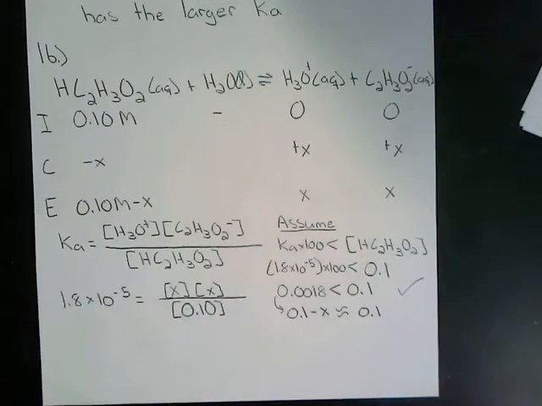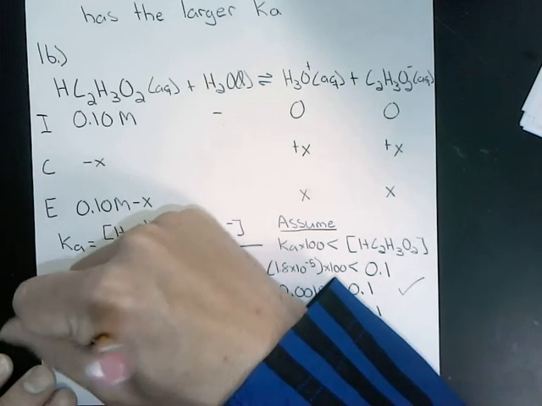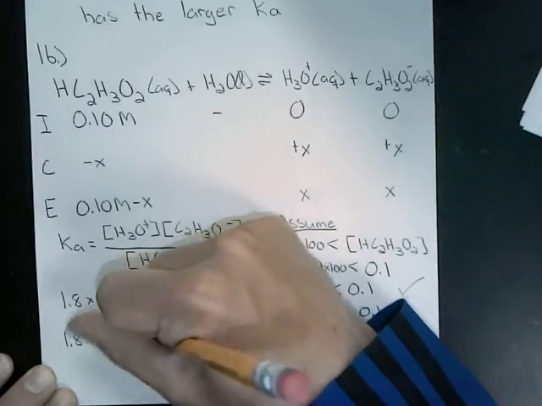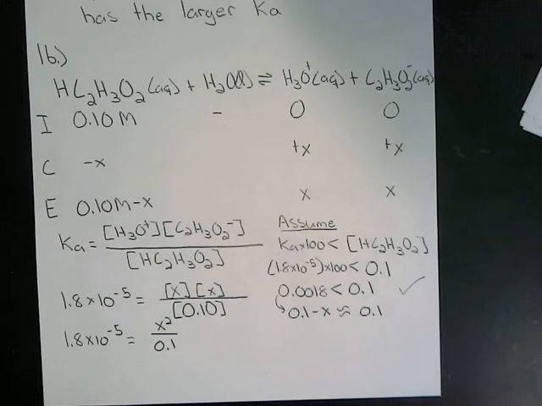We don't have to do 0.1 minus X, but we do need to make sure that we make this assumption. Okay, so going through this process here, you would end up with 1.8 times 10 to the negative fifth equals X squared over 0.1 as our value, okay?